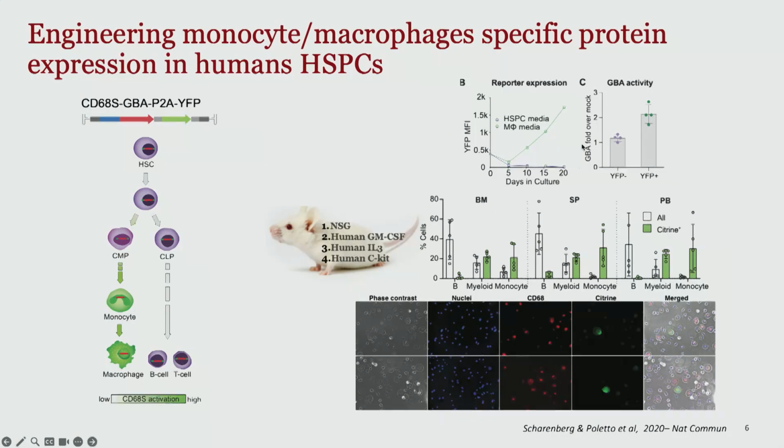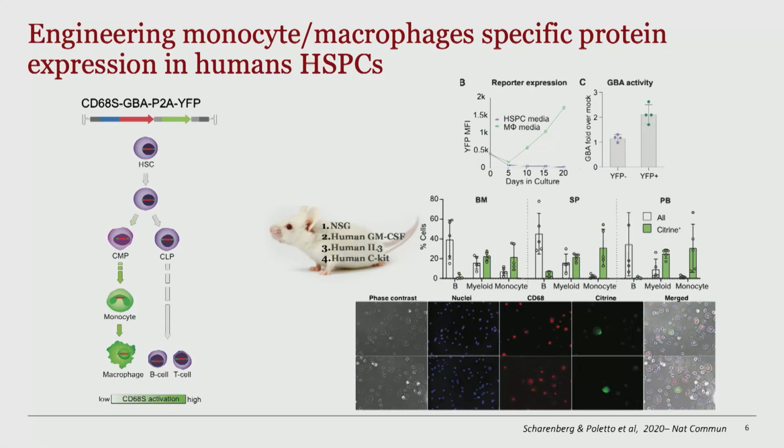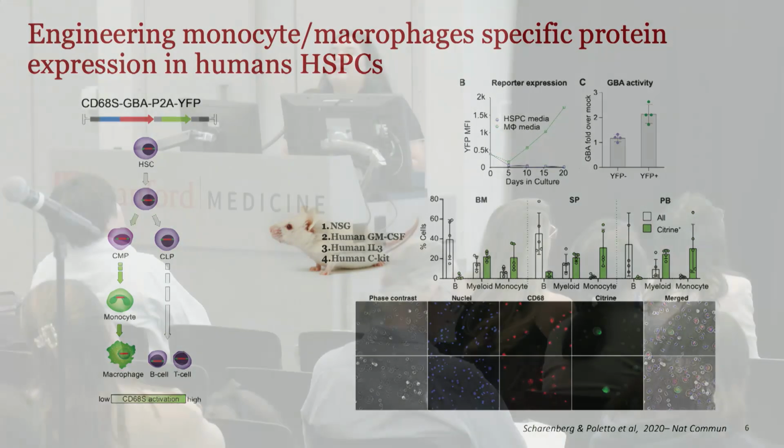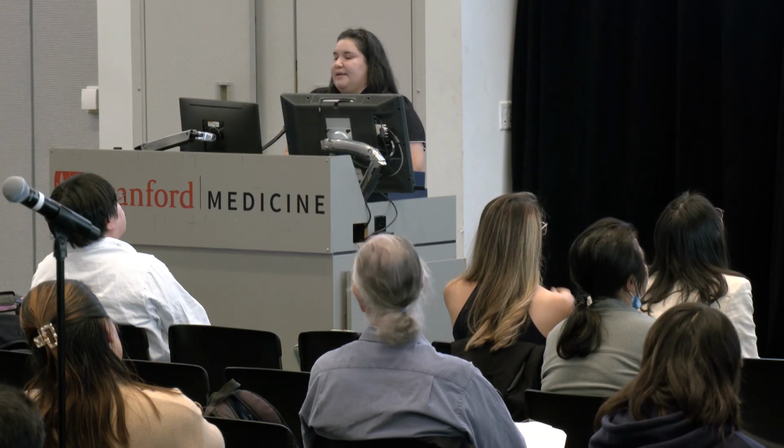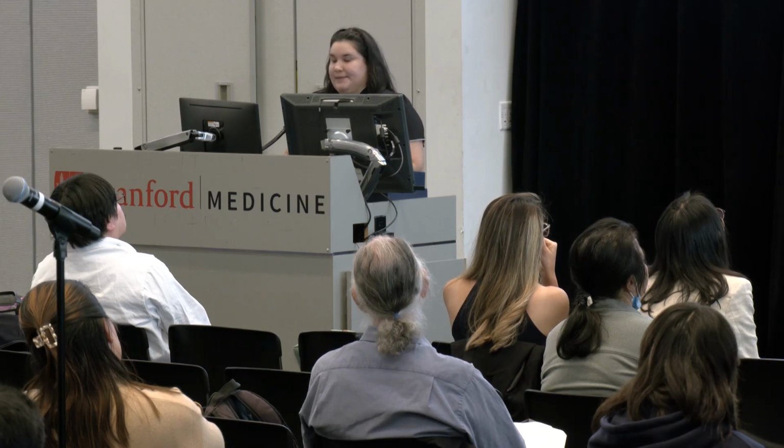Here, we were able to see that these edited cells, besides expressing the GCase enzyme, were also able to engraft in mice and differentiate into myeloid lineage in vivo. But at this point, even though we were able to test all of these different behaviors of the cells after editing, we weren't able to test the efficacy of this therapy in terms of correcting the disease.